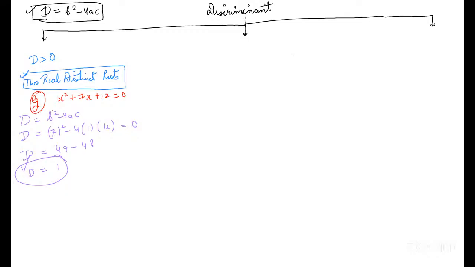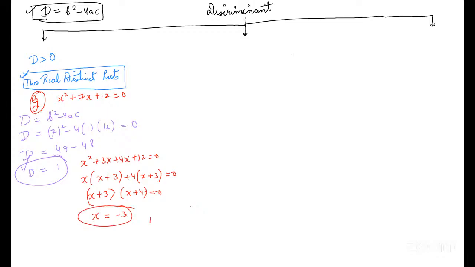If I solve this equation, x square plus 7x plus 12 is equal to 0, so x plus 3 into x plus 4 is equal to 0. So I got two values, x equals minus 3 and x equals minus 4. They are both different and they are real roots, meaning they have real values.